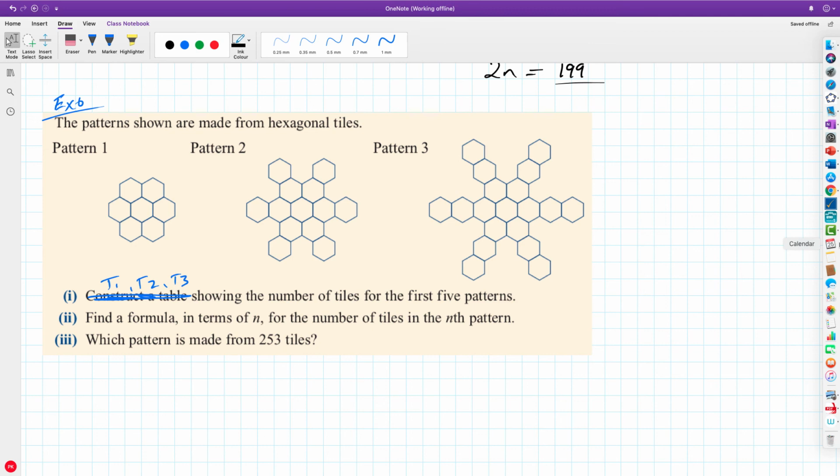Well, that's just the first one, so you have to find T4, T5. You do need to find T0 for this, but you also need to find T4. T0 isn't considered one of the first 5 patterns.